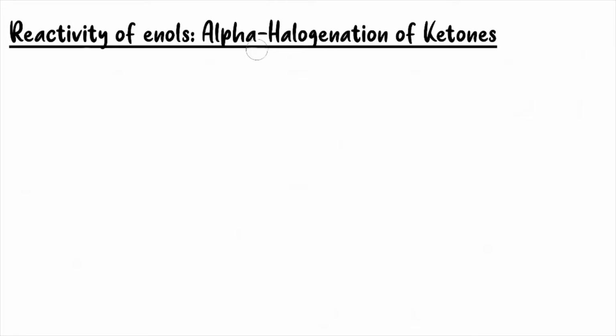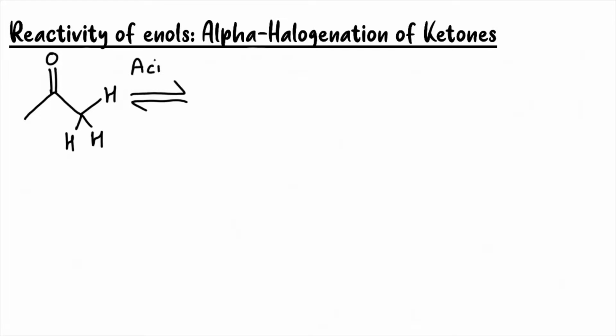We'll now look at a particularly common alpha substitution reaction, which is the alpha-halogenation of ketones in the presence of an acid catalyst. So firstly, we'll have our keto form, which, as we've seen earlier, in the presence of an acid catalyst gives us our enol form.